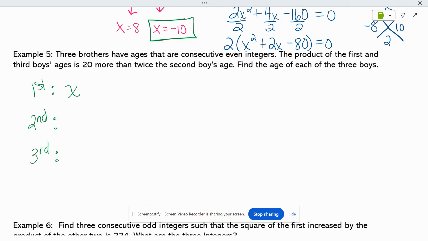If I'm doing even integers, what's the next one going to be? X plus what? And then the next one after that is going to be what? X plus 4. These are integers. X plus 2, x plus 4. Okay? So those are the 3 integers that you have. Write them down. X, x plus 2, x plus 4.